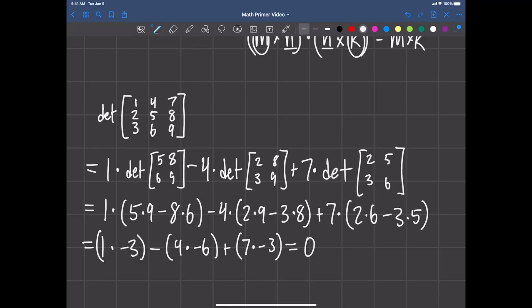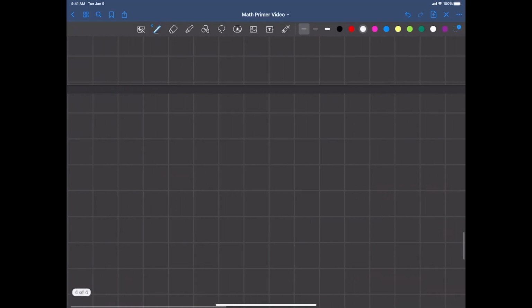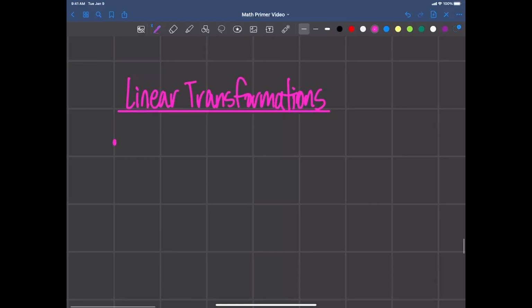Next, let's talk about linear transformations. Linear transformations are a special subset of functions that take vectors as inputs. So we say that the vector y is equal to the matrix A times the vector x.